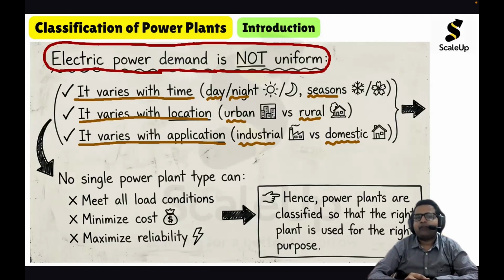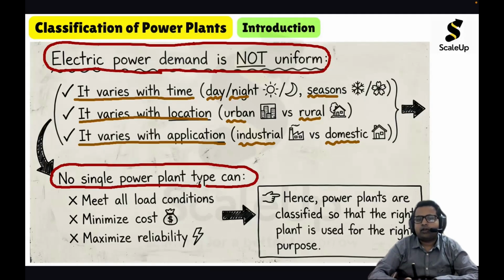Since the electric power demand is variable, we cannot have a single power plant type which can meet all the load conditions. For different load conditions, we certainly need different types of power plants.